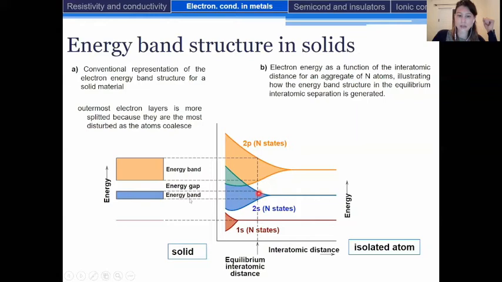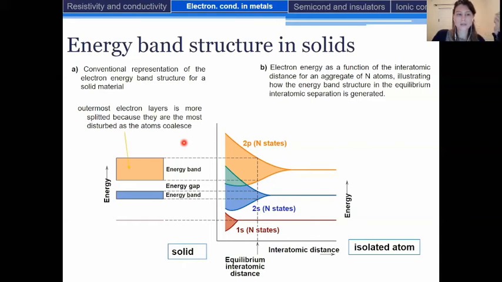So for 2s, it is represented right here in blue, and for 2p, it is represented in orange. And so instead of representing these energy levels in very detailed information, we are now going to use this kind of representation, which is energy band structures in a solid.